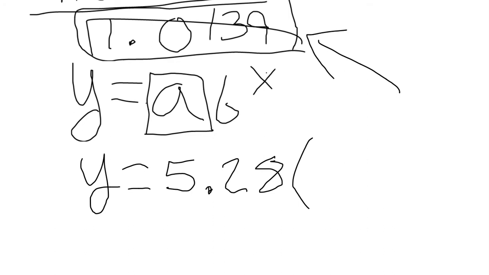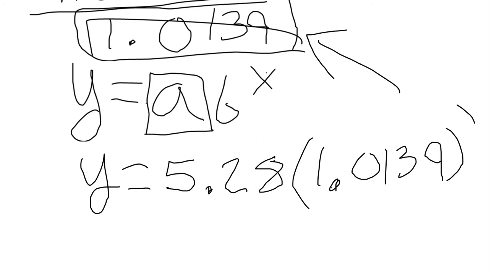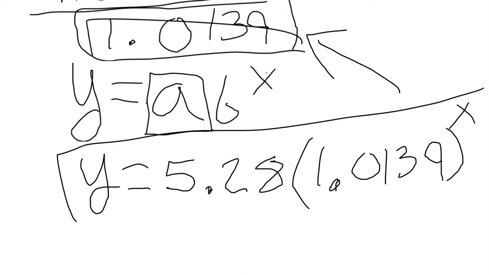And then our b value, that's the thing we calculated in part A. That's our rate of increase. So we'll say 1.0139, and remember that's raised to the x. So there it is.